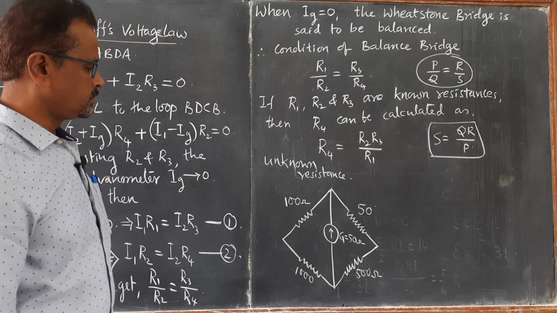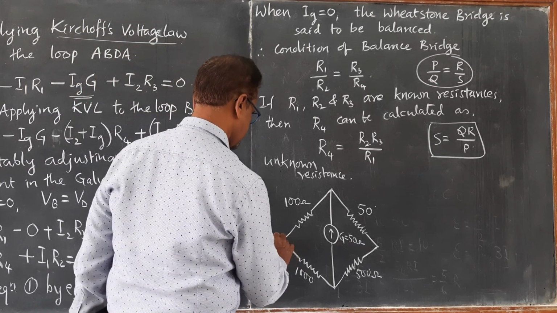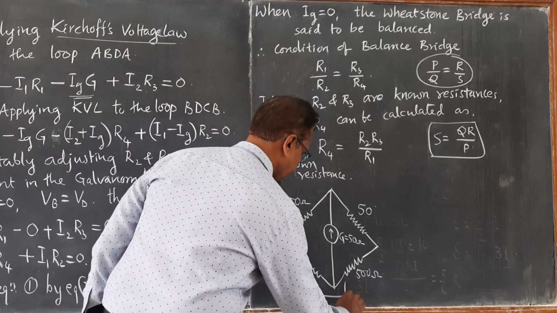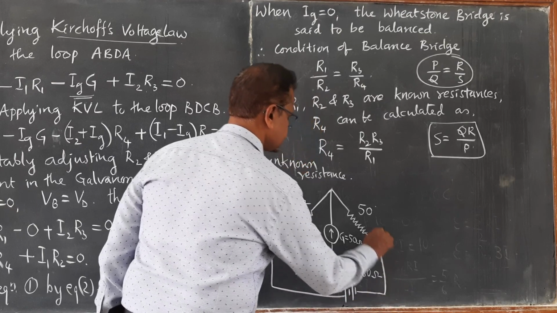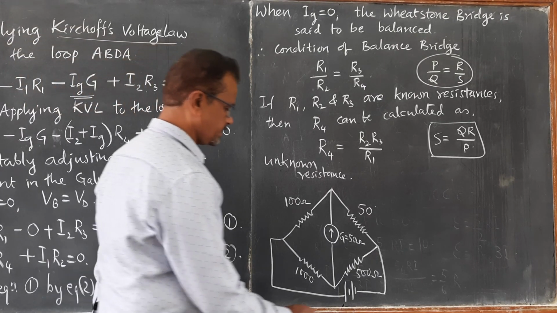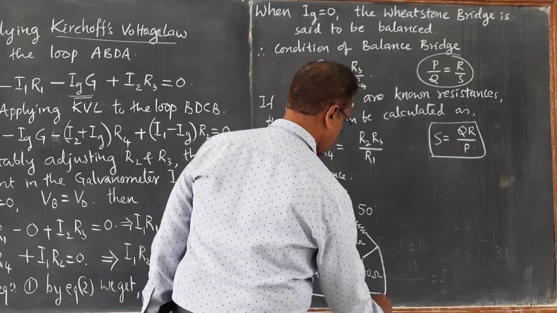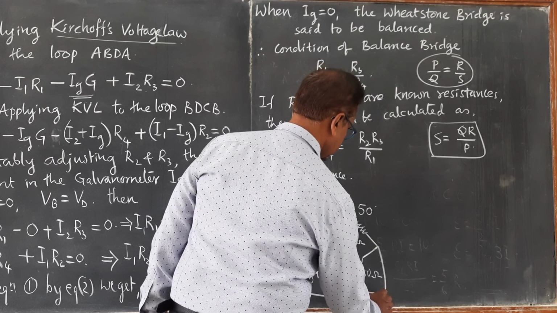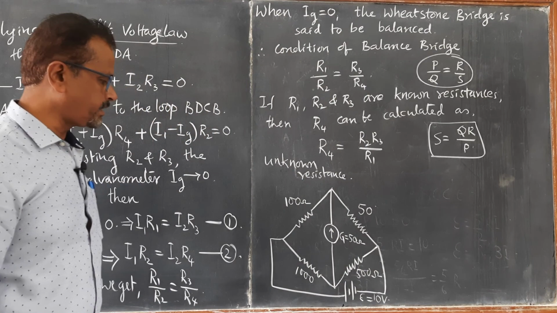So if such a network is given, if you are asked to find the equivalent resistance, suppose it is connected to a source of EMF of about 10 volt.